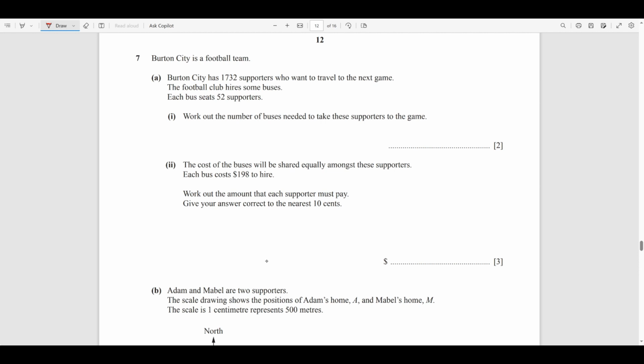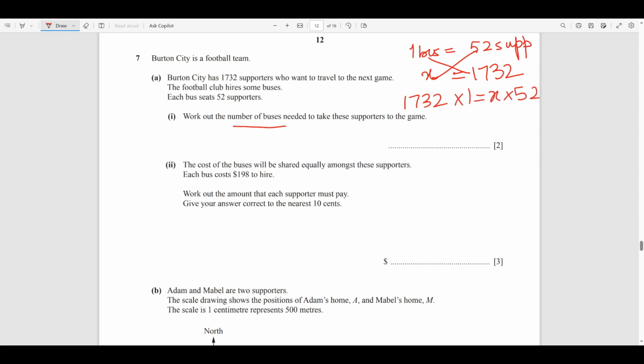So one bus has seats for 52 supporters, right? So the number of buses you need to calculate is x because we don't know the number of buses, and the number of supporters we have is 1732. Again cross multiplication. So 1732 multiplied by 1 is equal to x times 52, and x will give us the value of 1732 divided by 52.